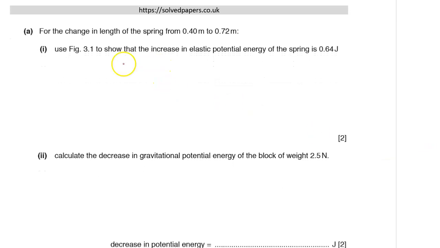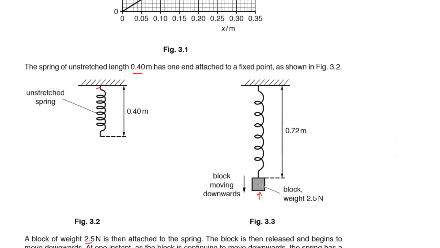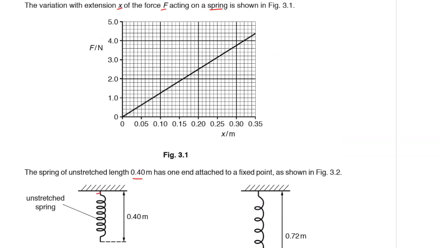For the change in length of the spring from 0.4 to 0.72, use fig 3.1 to show that the increase in elastic potential energy of the spring is 0.64 joules. We are using this diagram here, 3.1.